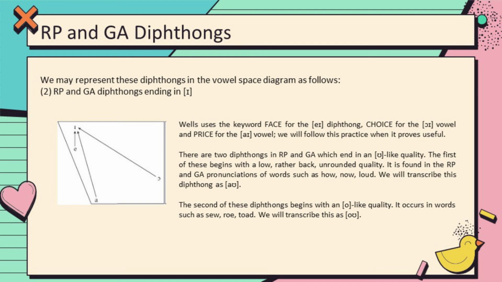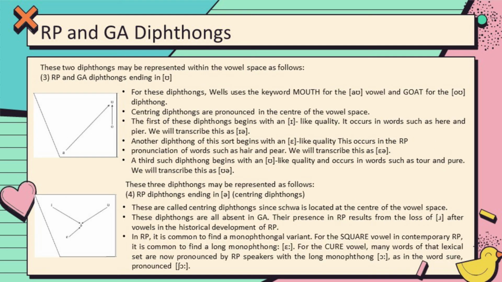It occurs in words such as show, row, toad. We will transcribe this as oʊ. These two diphthongs may be represented within the vowel space as follows. 3. RP and GA diphthongs ending in ʊ. For these diphthongs, we'll use the keyword MOUTH for the aʊ vowel and COAT for the oʊ diphthong.